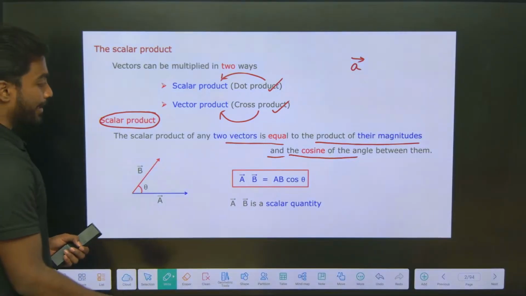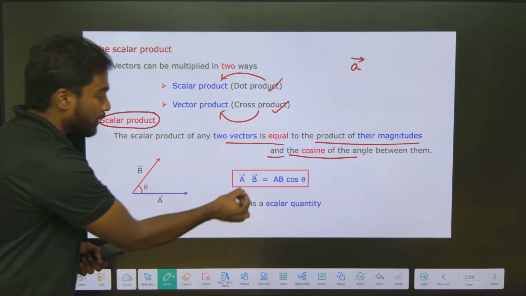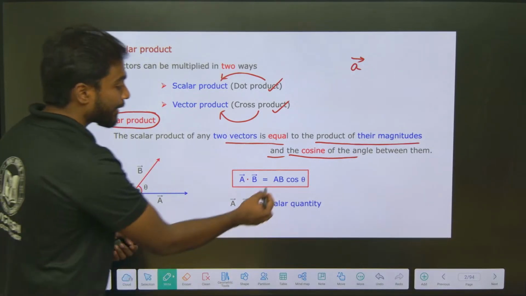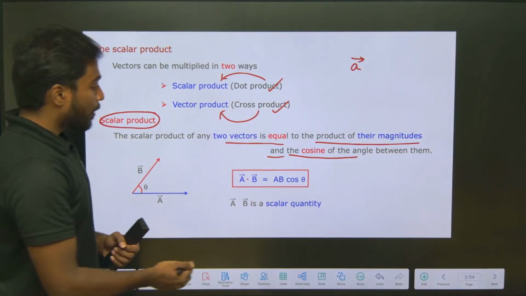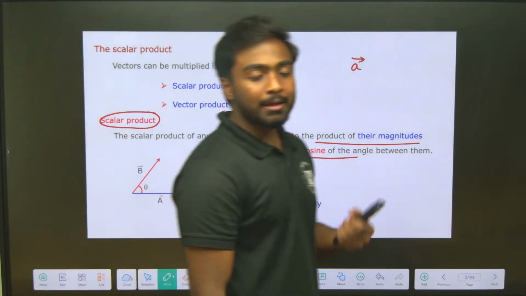So if I take a vector and b vector and do the dot product, a scalar product, I'll get ab cos theta. Now ab will be a scalar quantity.